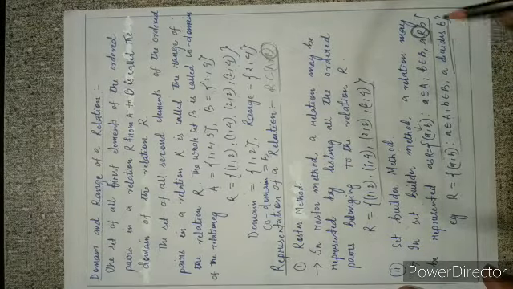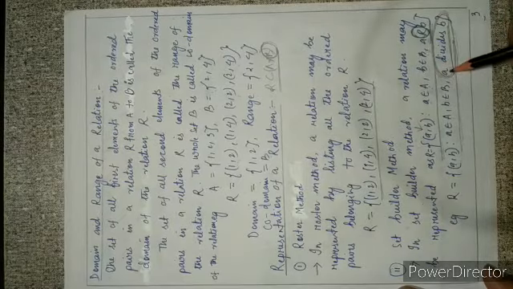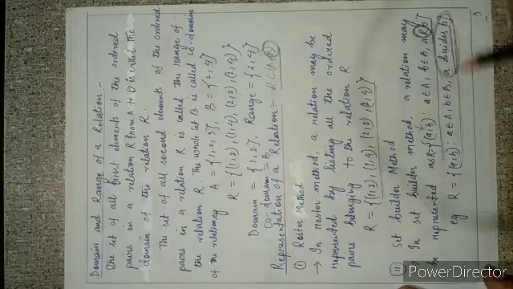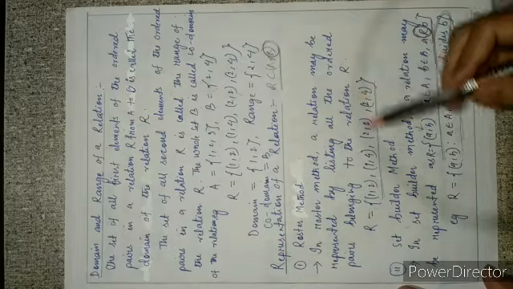So in set builder method there is a relation or a rule between first component and second component. In roster method we write the ordered pairs.